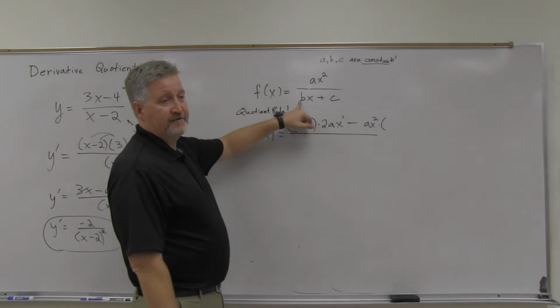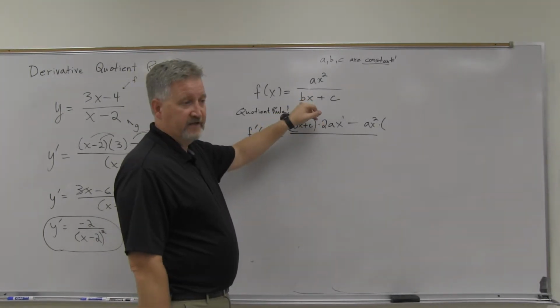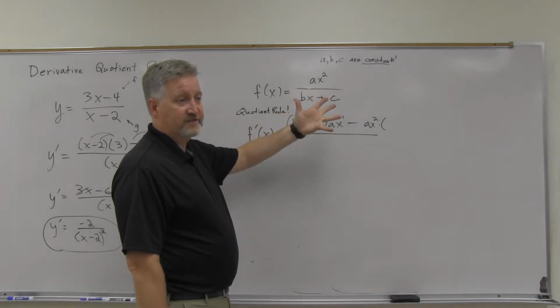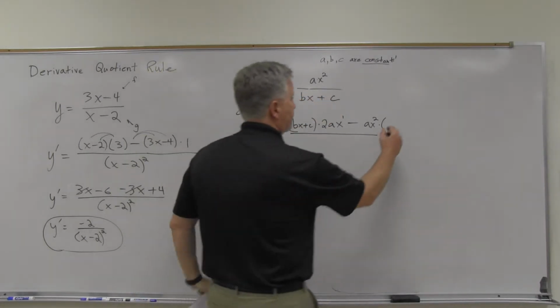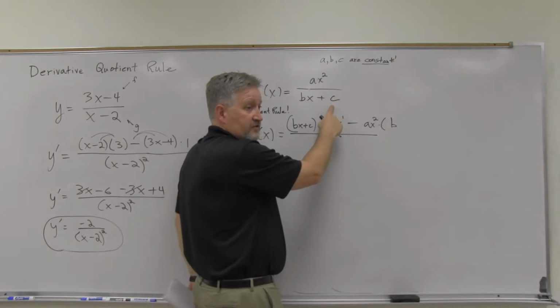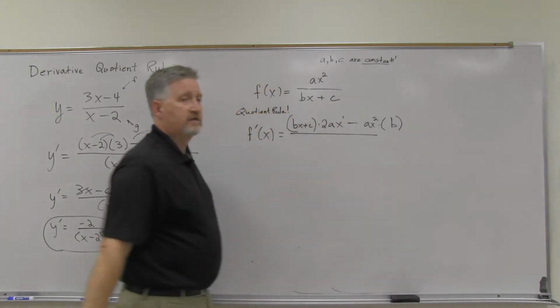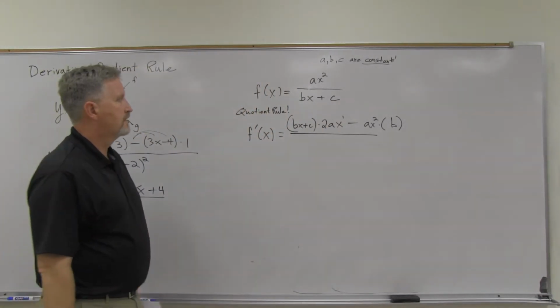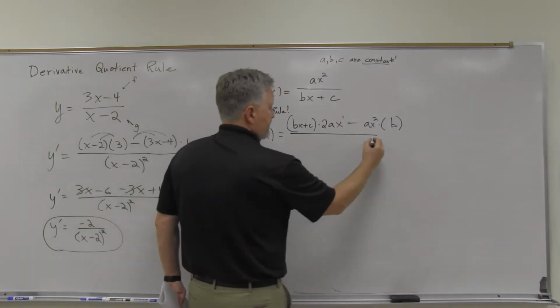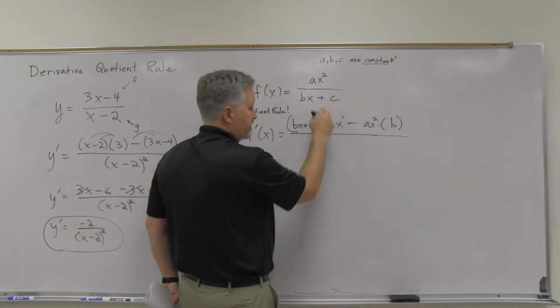So b is just a number, so I'll just have a number times x, so bring down the power, 1 times b, new power is 0, so that's just b. And then plus c, c is a constant, so the derivative is 0. Yeah, the derivative of the bottom is just b. And then what goes on the downside, well, it's just low squared, (bx plus c) squared.